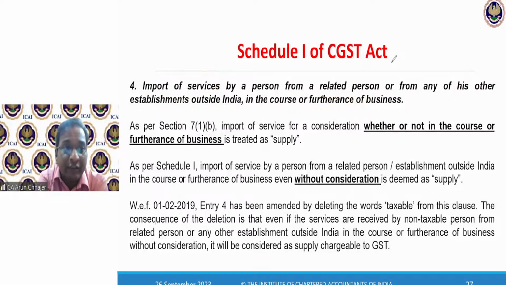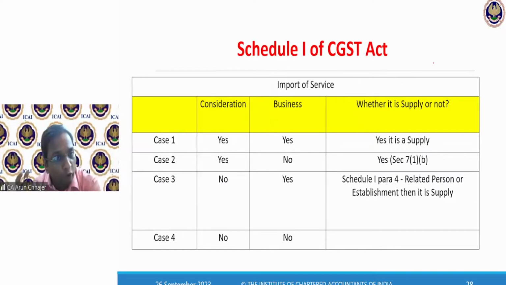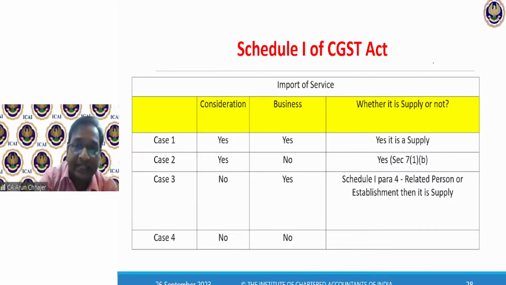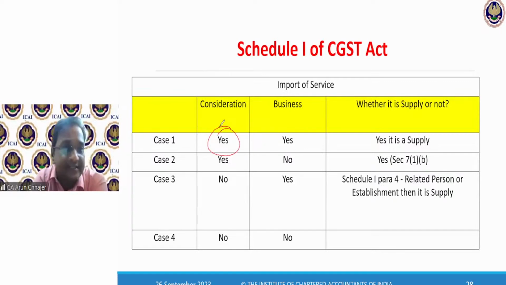You remember that we have also discussed import of service, one exception of the business, right? So, I am categorizing import of service in these 3 categories. Suppose consideration is there and business is there, will it be supply? Answer would be yes, it will always be supply.